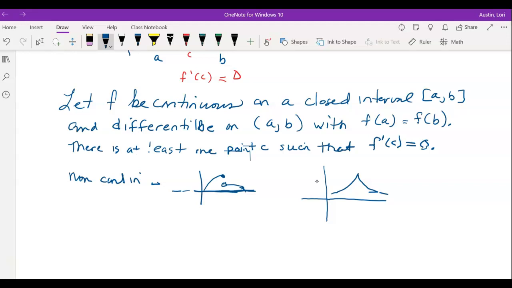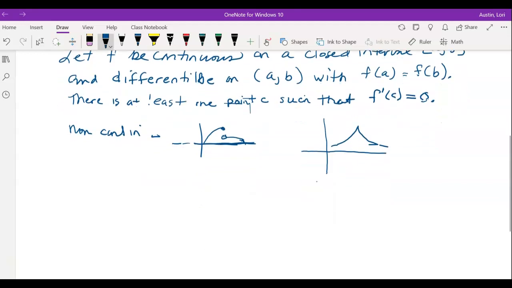So how can you apply Rolle's theorem? We'll start with a simple thing. Let's suppose we had a function. And I want you to find an interval where Rolle's theorem applies.